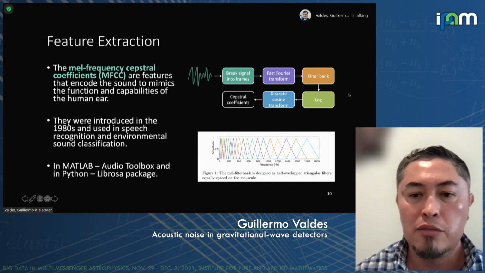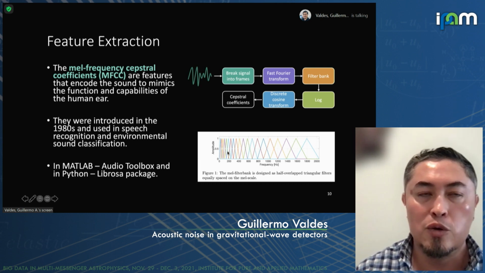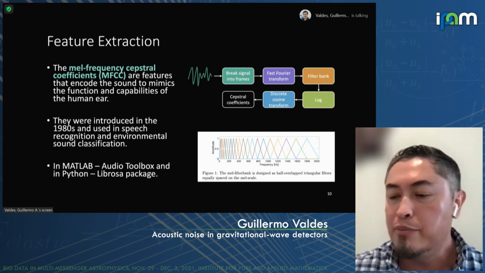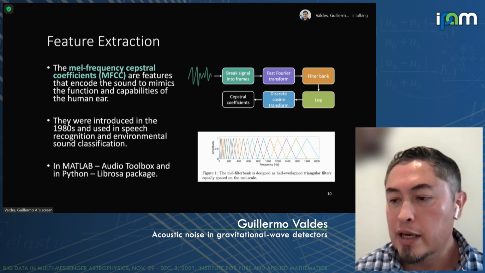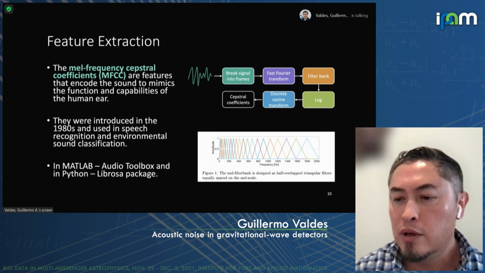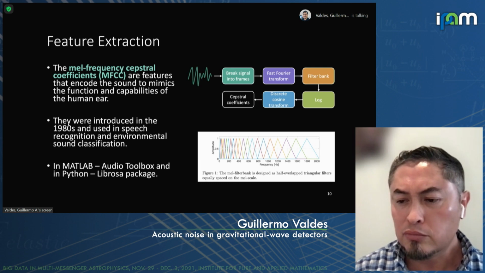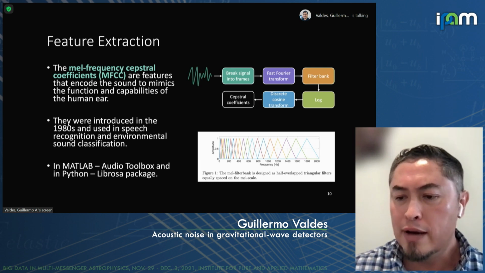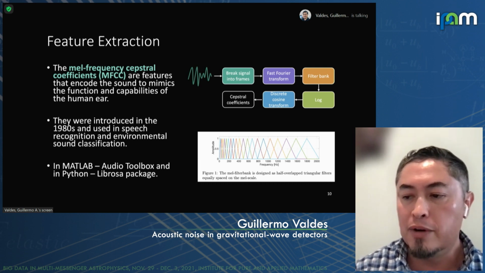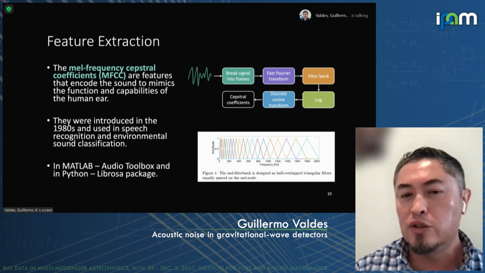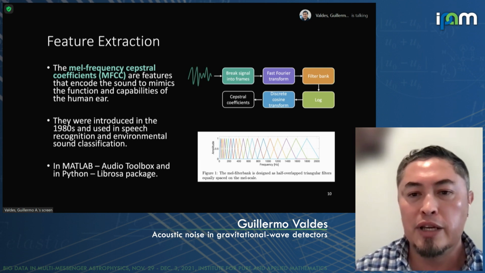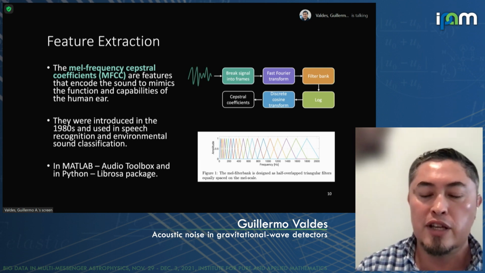Then the discrete cosine transform: by having all this overlapping, you have some correlations, and you want to decorrelate them by applying this discrete cosine transform.